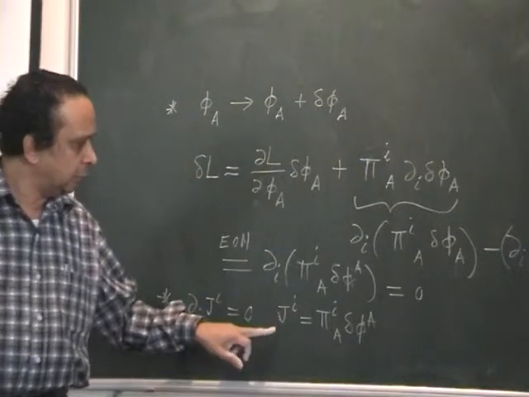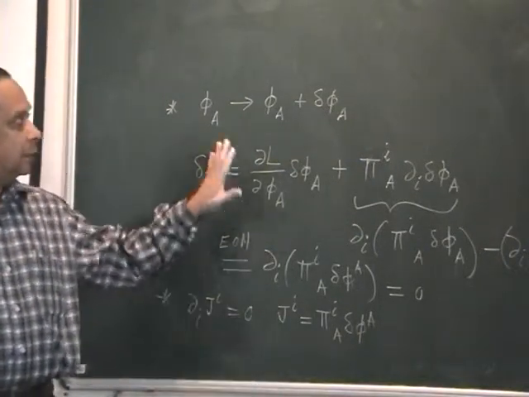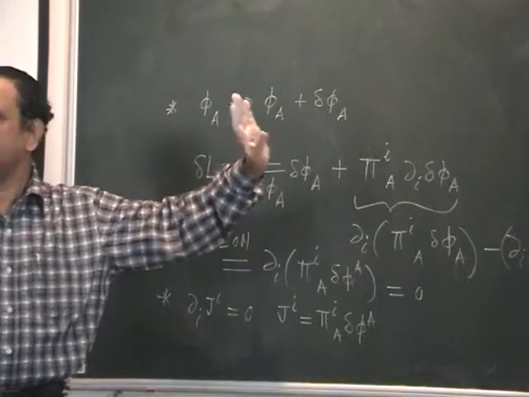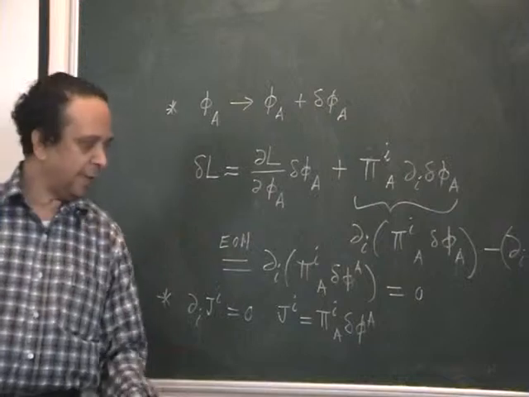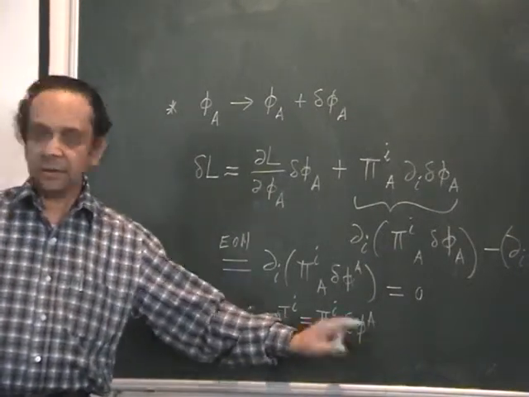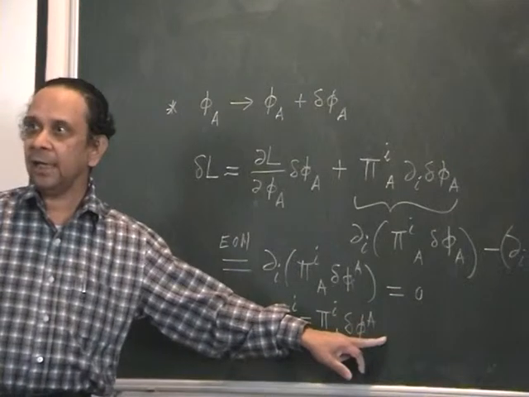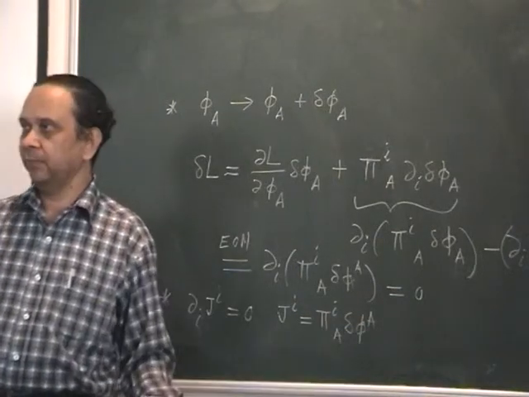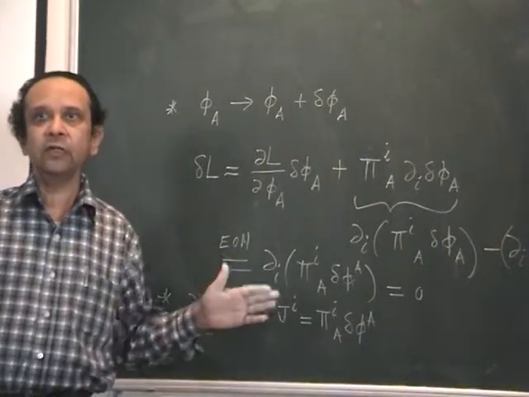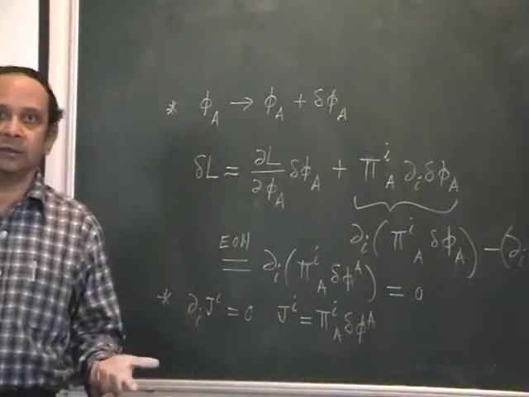Okay? So the moment you know δφ_A, the theory gives you what the momentum is. You multiply by this, and remember the sum over all A, that quantity will be conserved. In particular, the zeroth component of that, when integrated over space, will give you the conserved charge.